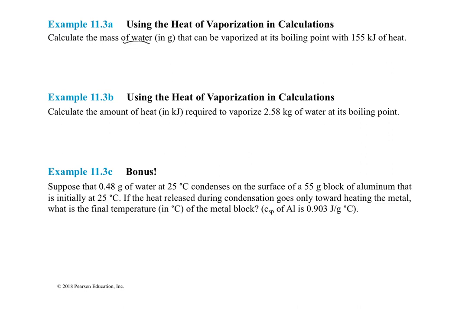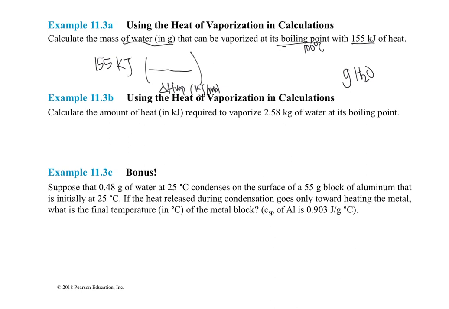How much mass of water in grams can be vaporized at its boiling point? If it's water, then it'll be at 100 degrees Celsius with 155 kilojoules of heat. So we want to find grams of water, and we have 155 kilojoules. I can use my delta H vap, which is in kilojoules per mole, to get out of kilojoules and into moles.